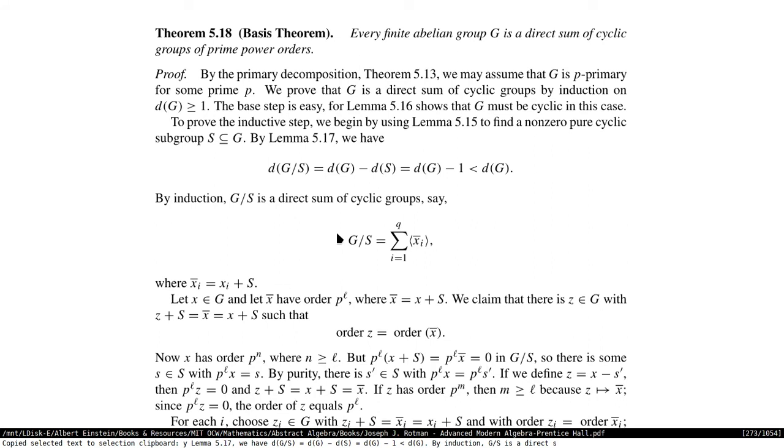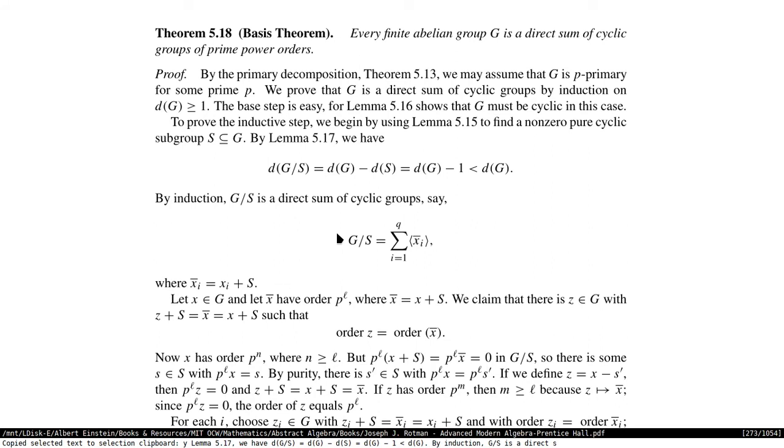Okay. But p to the l times x plus s, the coset, is equal to p to the l times the coset generated by x, that is equal to 0 in G mod s, because it is pure, and you have the p primary condition.